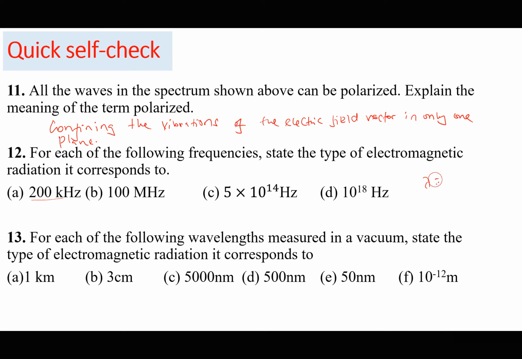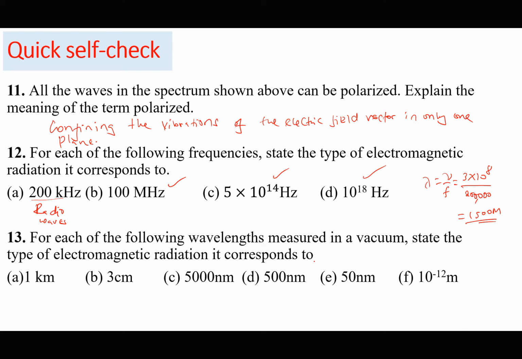Remember, wavelength is V over F, which will be 3 times 10 to the power of 8 divided by 200,000. So this is 1,500 meters. Of course, this is radio waves. You can check the other ones.